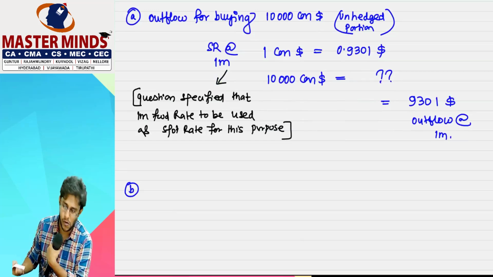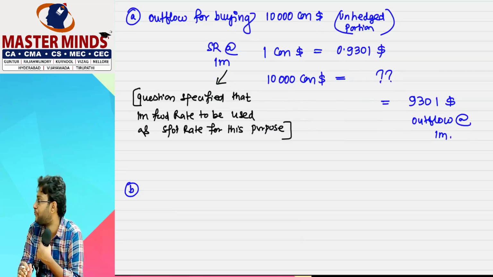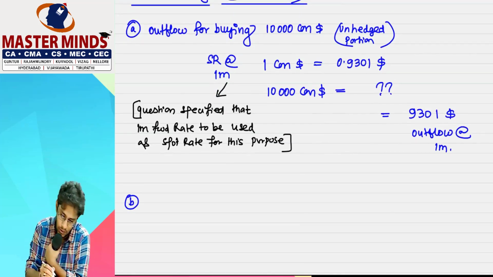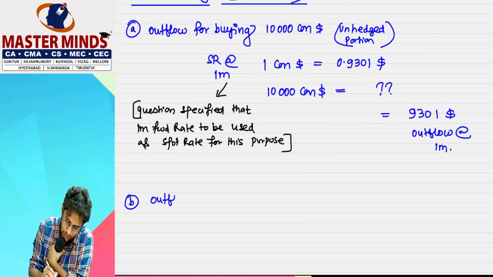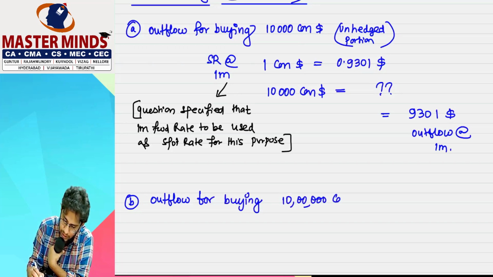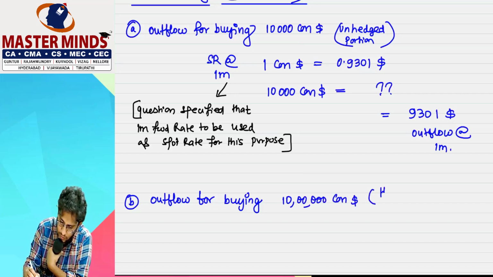B, this is outflow for buying the remaining 10 lakh CAN dollars, which is your hedged portion.